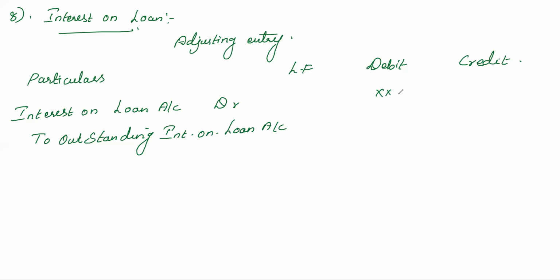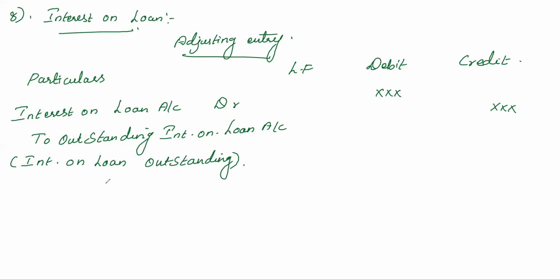Okay, so the debit side, the credit side. That's all. So next, interest on loan outstanding provided. Okay. So idhula vandu namakku enna varadu appadina transfer entry kedaiyadu, only adjusting entry mattumdhan.